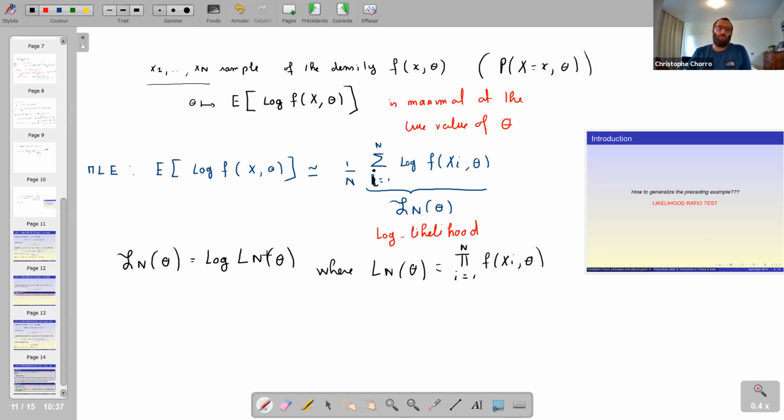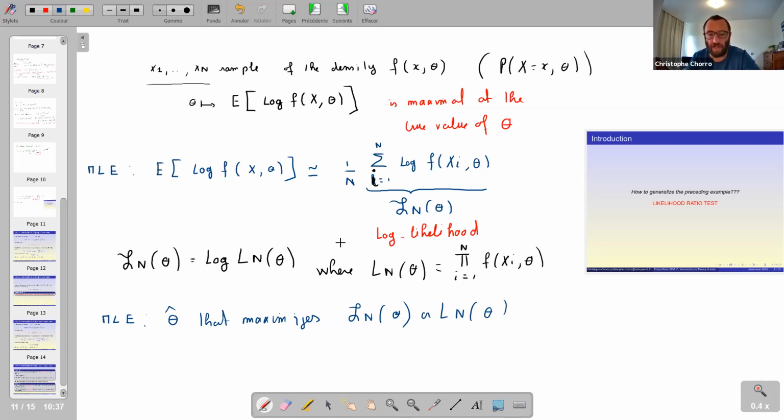The principle of the maximum likelihood estimator is to say that the true parameter is maximal for this mapping. I approximate this mapping using the sample mean. What I call the maximum likelihood estimator is theta hat that maximizes the log likelihood, or equivalently the likelihood, because the log is a strictly increasing mapping.